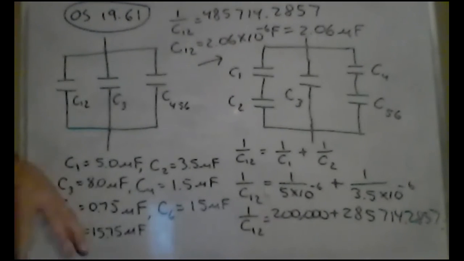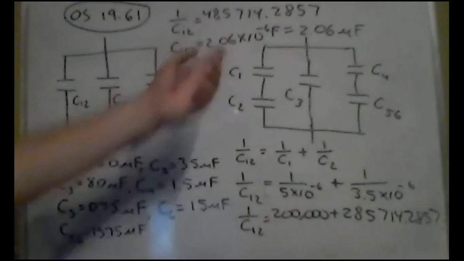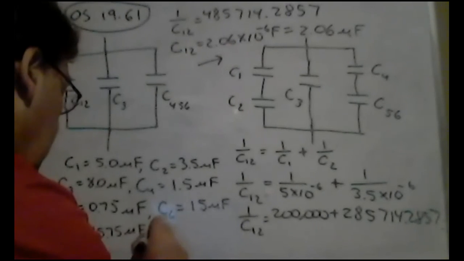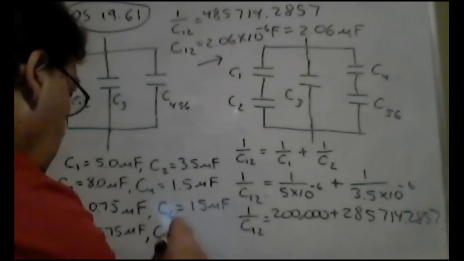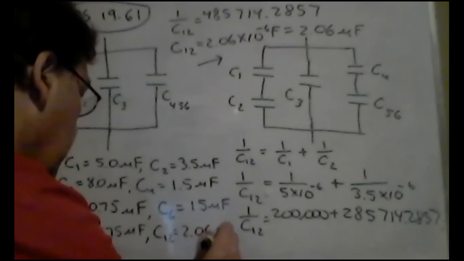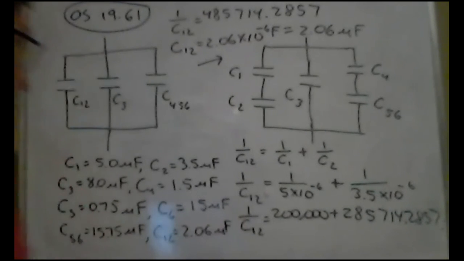You want C12, so you flip it upside down. You get a small number, 2.06 times 10 to the negative 6 farads, or 2.06 microfarads. So we'll put that on our parking lot. C12 is 2.06 microfarads.